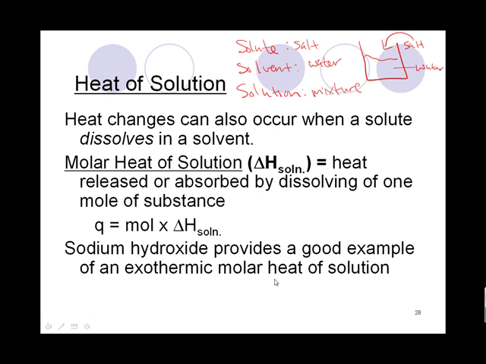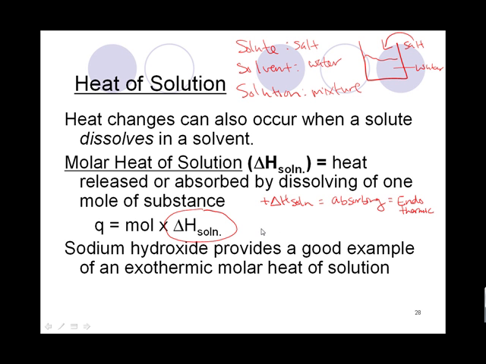So when I say the heat of solution, I'm talking about the heat or the energy released or absorbed by dissolving 1 mole of the substance. So please remember that if you have a positive delta H of solution, then this is absorbing heat, which is the same thing as an endothermic process.